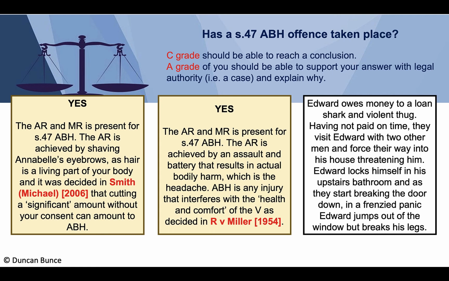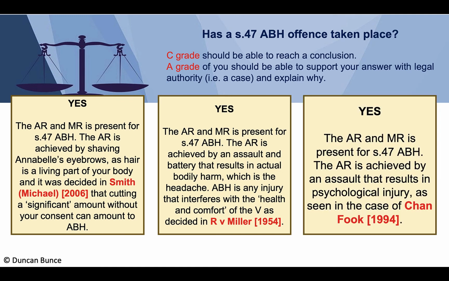And I think, is it reasonably foreseeable to the defendants here breaking down the door that Edward would react in such a way, trying to escape? I think so. I think a court would accept that in that threatening situation, that was reasonable behaviour and was reasonably foreseeable, should have been, to the defendants. So I don't see it being a break in the chain of causation.